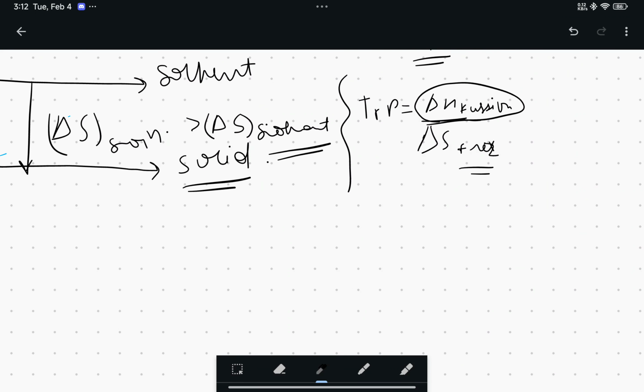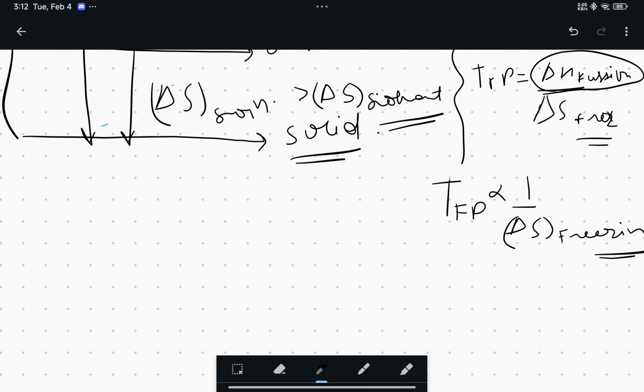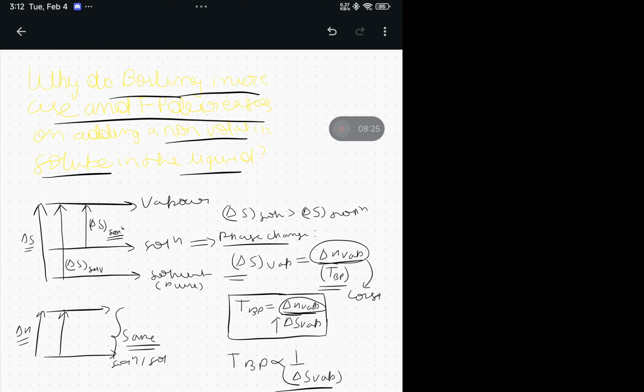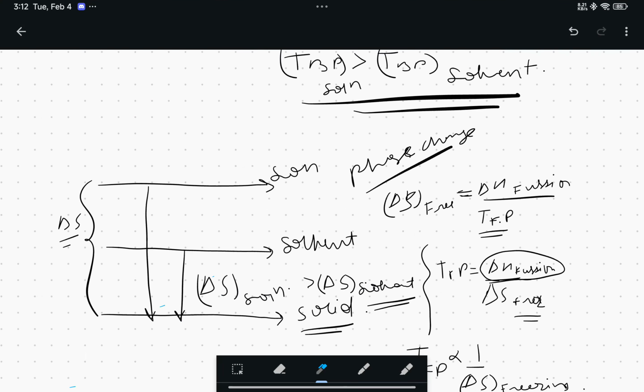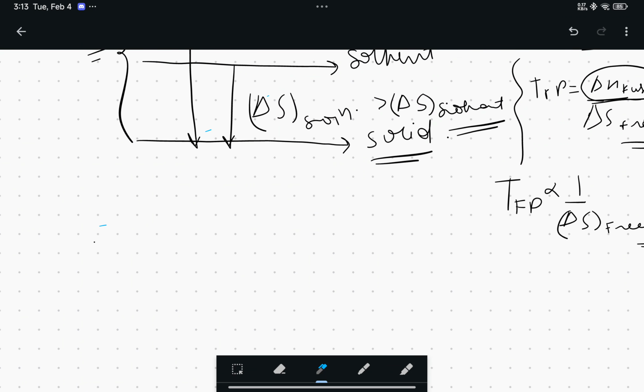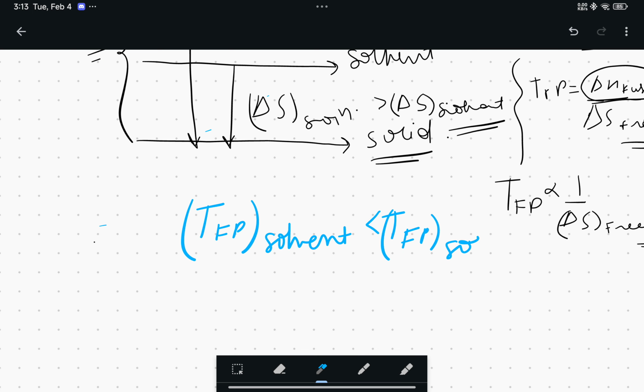So this then gives the relation that the freezing point is inversely proportional to entropy of freezing, which again gives rise to the equation that freezing point of solvent is higher than that of the freezing point of solution.